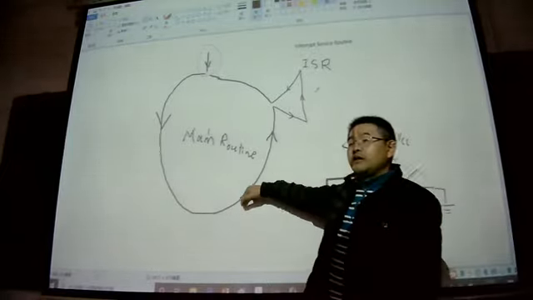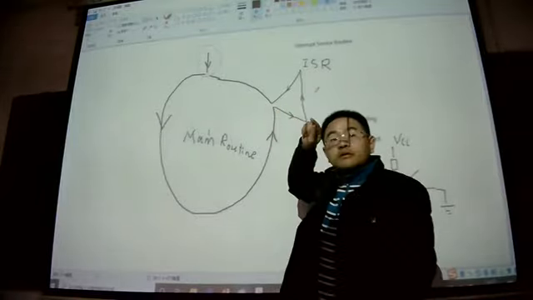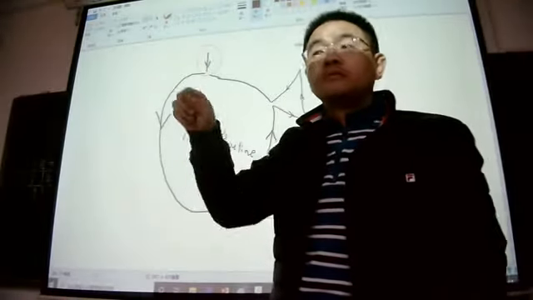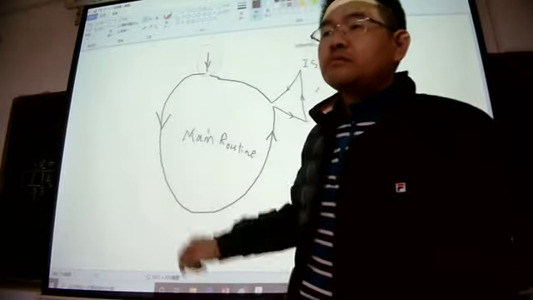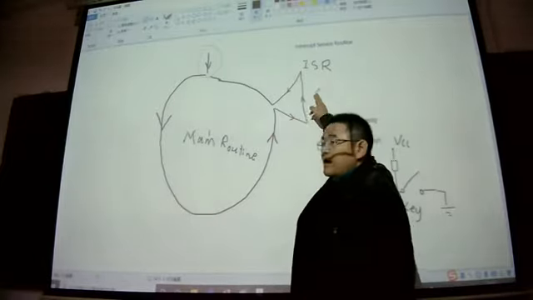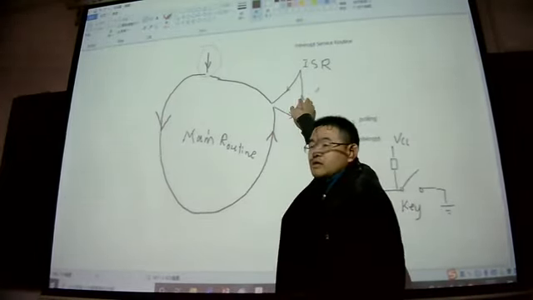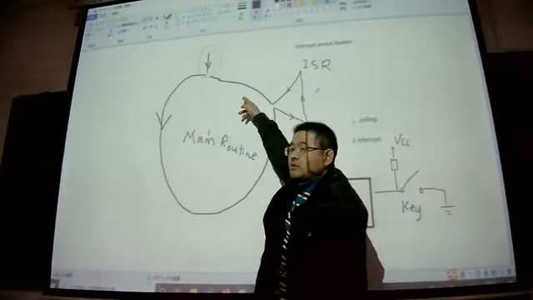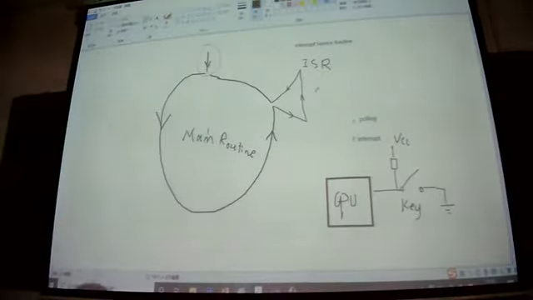So when an interrupt occurs, it will set the PC to a fixed address, and then run the ISR. After finishing this code, it will go back to the breakpoint and continue running.